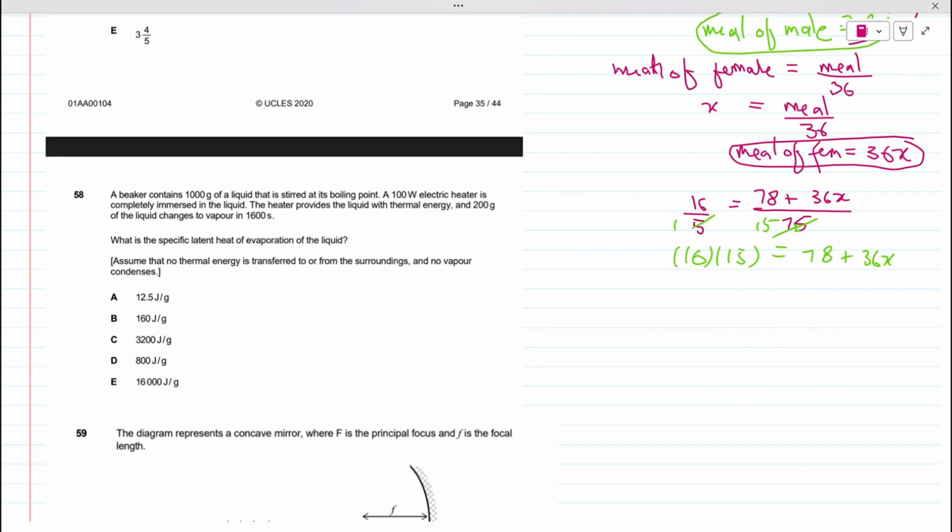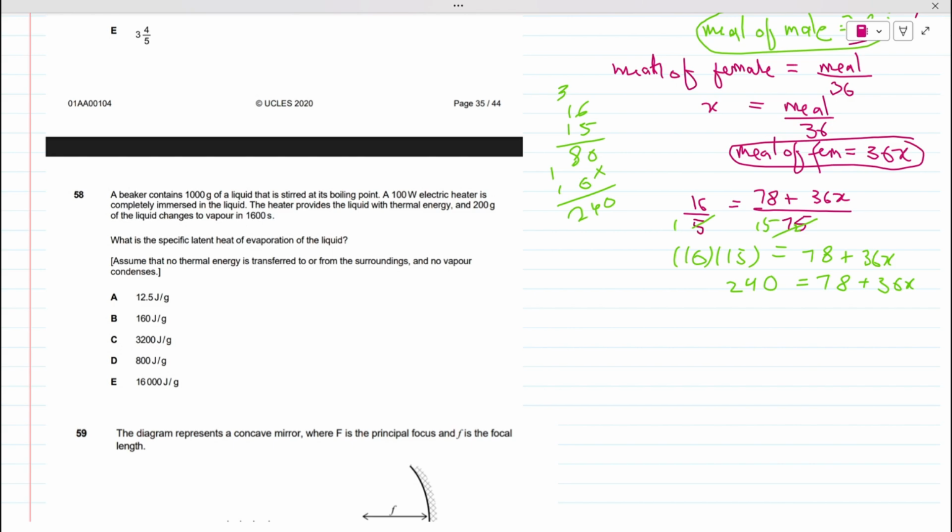So we are not supposed to write it, right? Now if we multiply these two, 16 into 15, 5 sixes are 30, 5 ones are 5, 8, 240, so 240 is equal to 78 plus 36x.